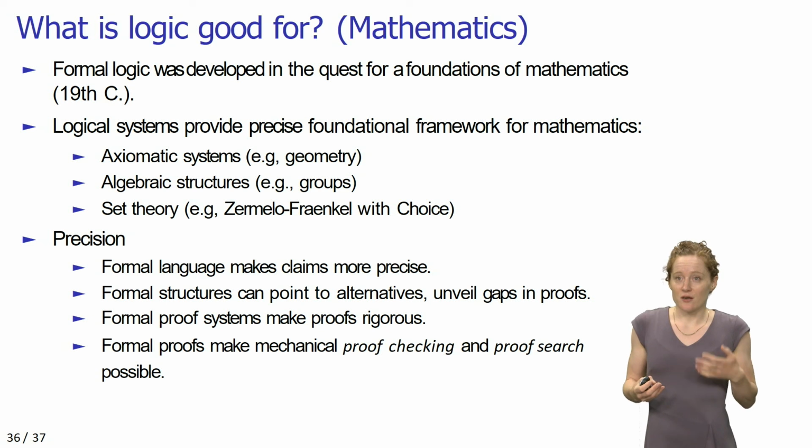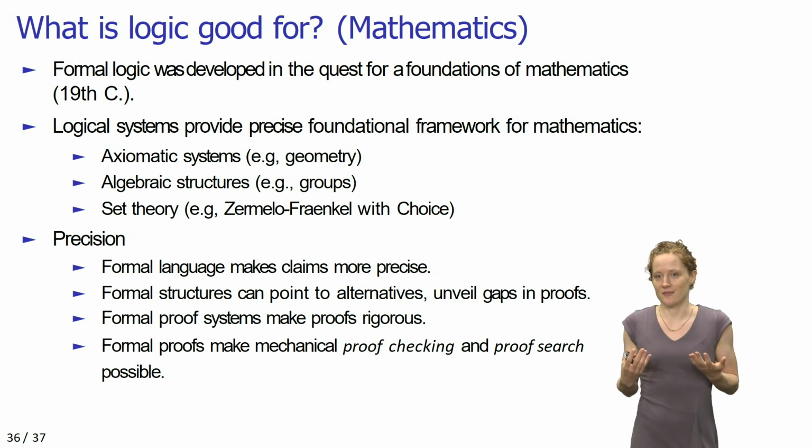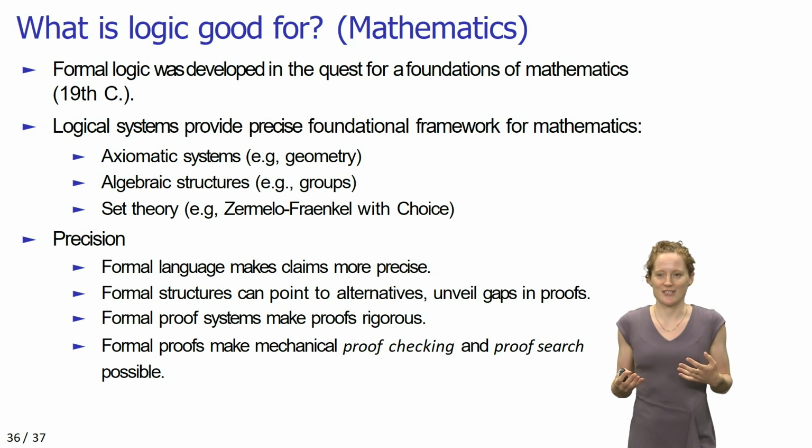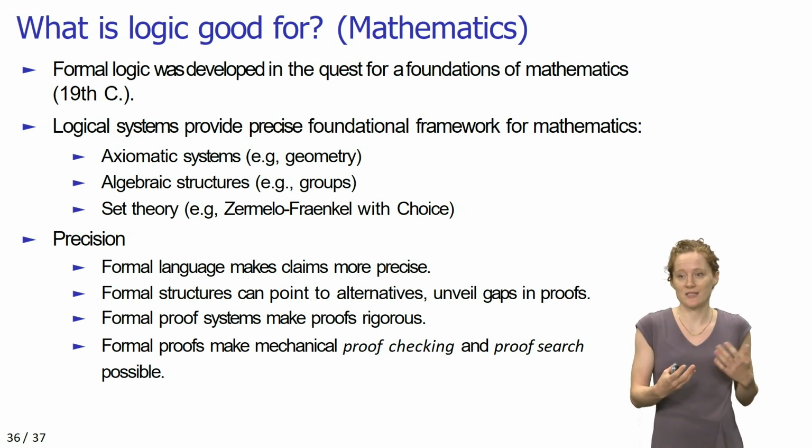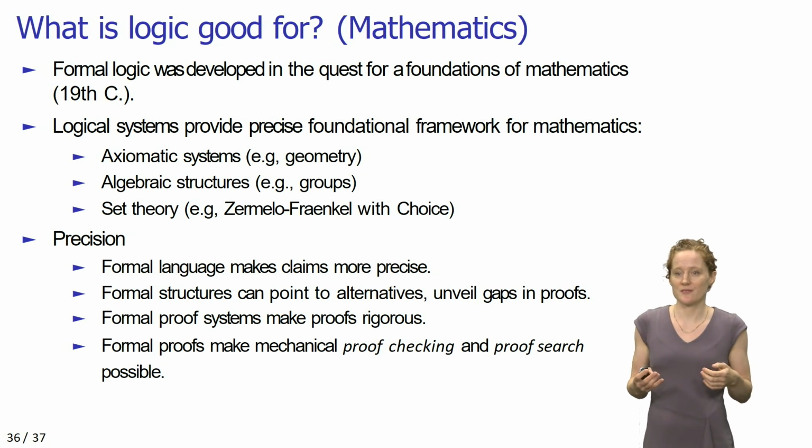And then logic also helps in mathematics by adding precision to mathematics. So formal languages that logicians develop help mathematicians to make certain claims more precise. Formal structures developed by logicians can point to alternative theories or viewpoints and unveil gaps in proofs.